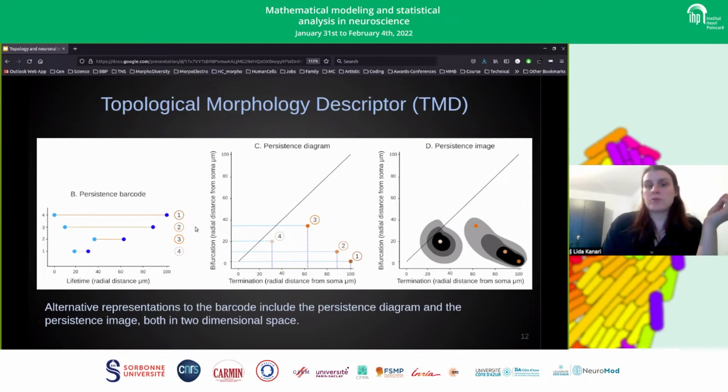So each one of these points corresponds to one of the bars that we've seen before. And this is useful because it allows us to average different trees, by allowing Gaussian kernels around each one of the points within this persistence diagram. So this is pretty much setting up the background of the tools I'm going to use to analyze neuronal morphologies.